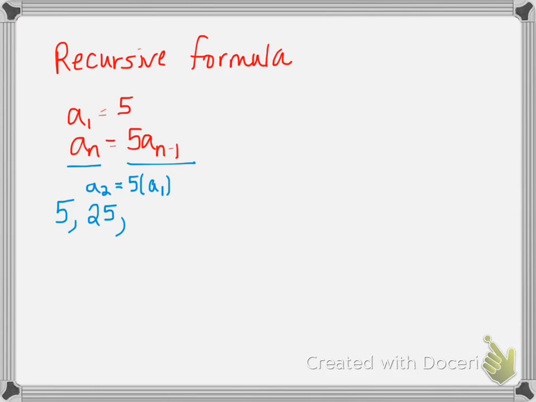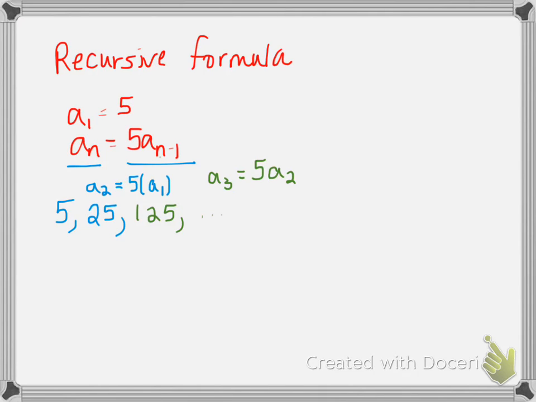If I wanted to find A3, the third term, if I plug a 3 right here for n, that'd be 3 minus 1, which is 2, so it'd be 5 times A2, 5 times the second term, and then so on. Basically, An minus 1 means the term before what you're looking for.